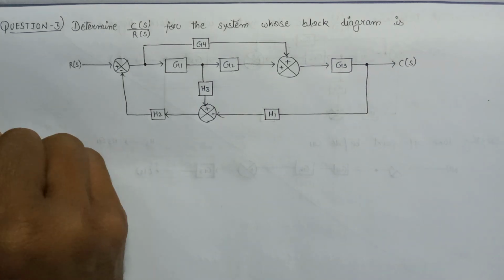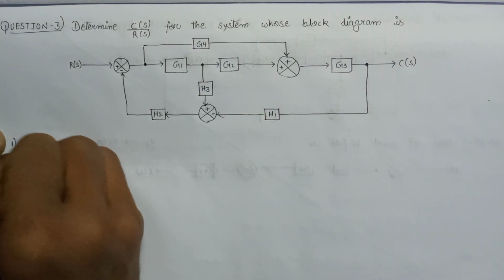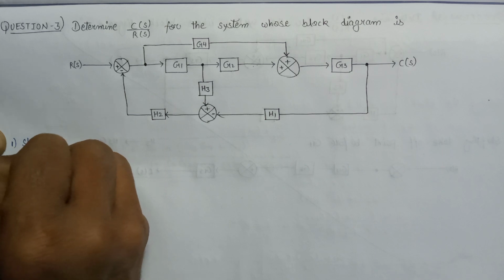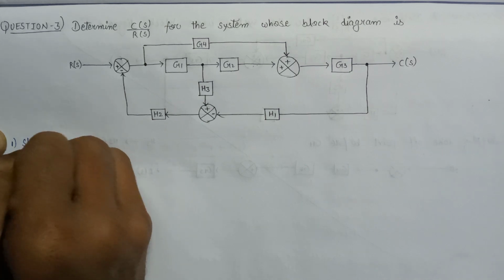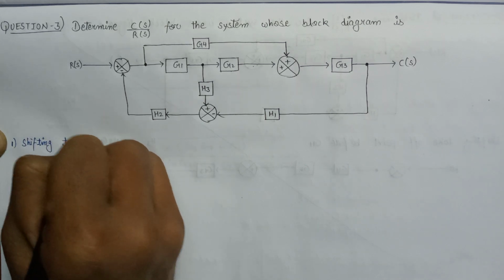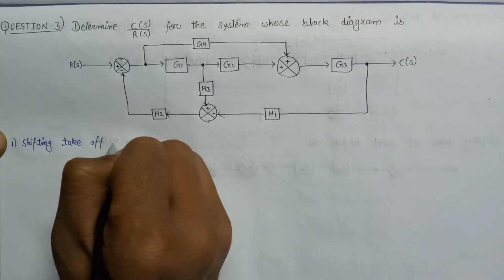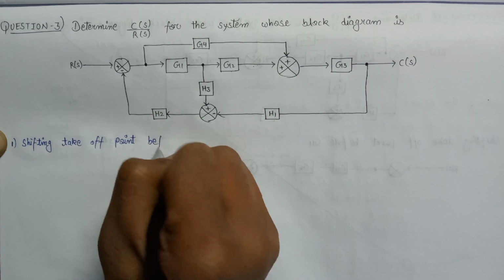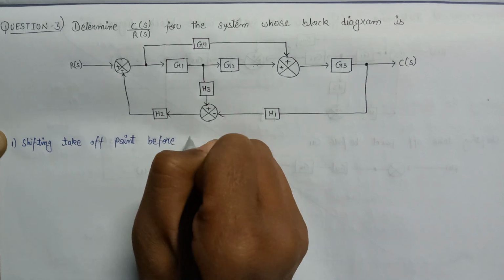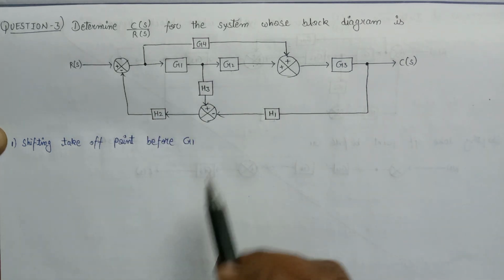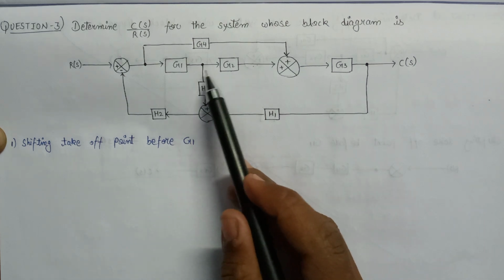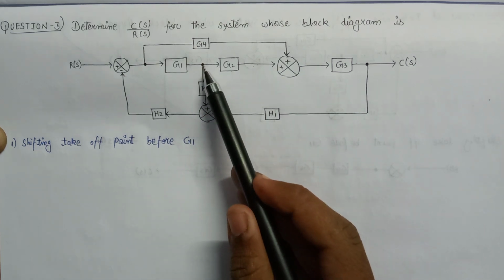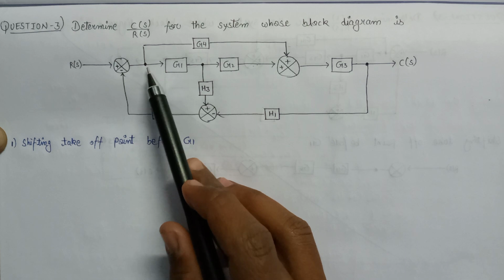So our first step is shifting takeoff point before G1.